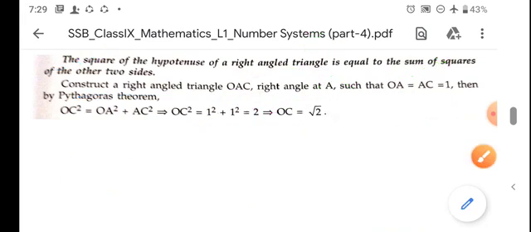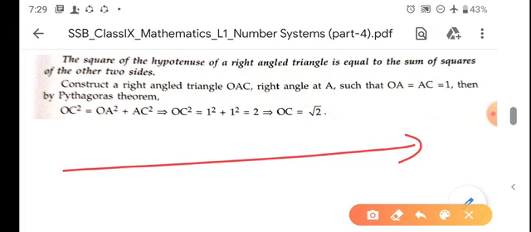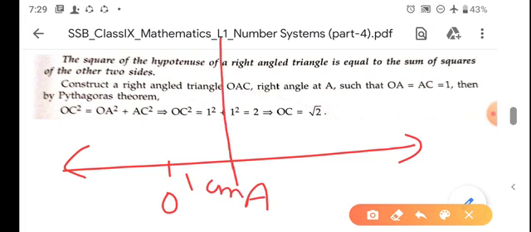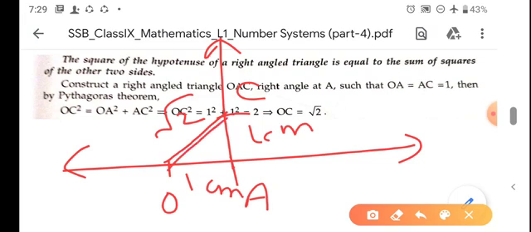Let us have a look again. We draw a number line, take O, take A at 1 centimeter. At A we draw an angle of 90 degrees. We cut C at 1 centimeter and join it. This is root 2. This is the center, this is the radius, and where it meets the number line you get root 2.